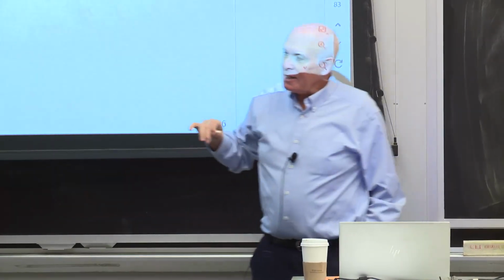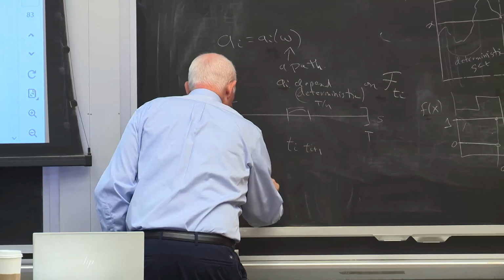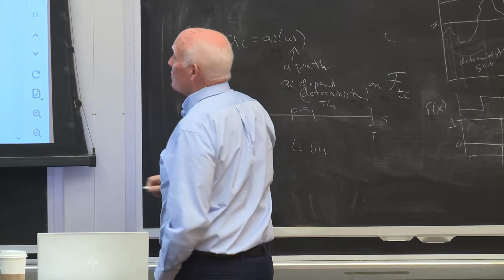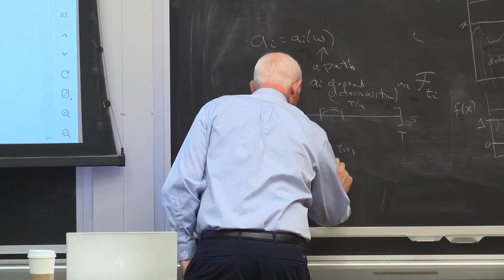This formula for the Ito integral is considering integrating with respect to the Brownian motion over the interval from 0 to T, so the integral from 0 to T of f(s) dB_s.